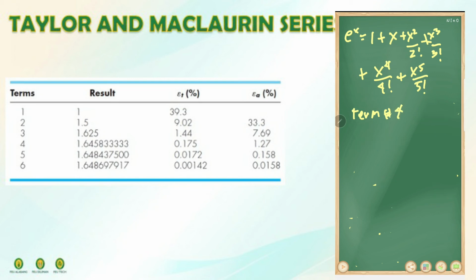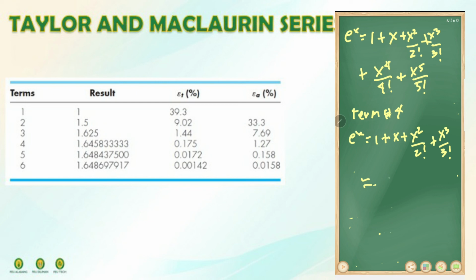For term number 4, basically, e raised to the x is equal to 1 plus x plus x squared over 2 factorial plus x cubed over 3 factorial. So again, you have to substitute e raised to 0.5, so x is equal to 0.5.